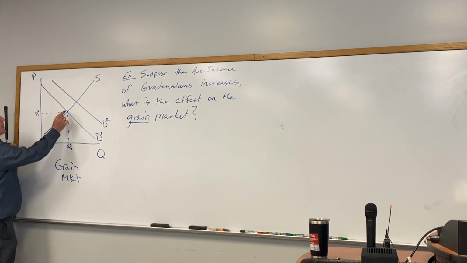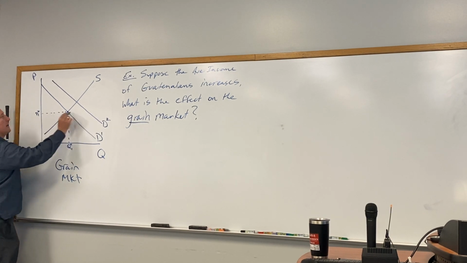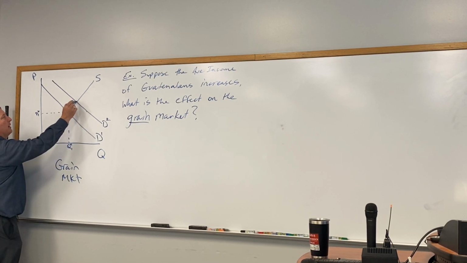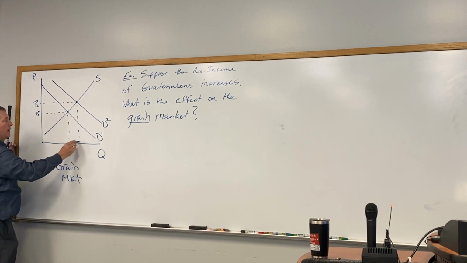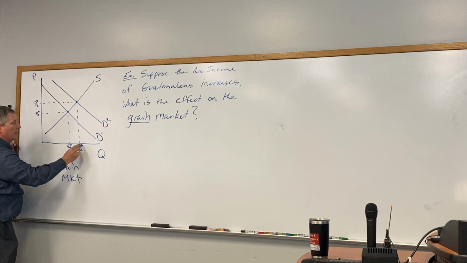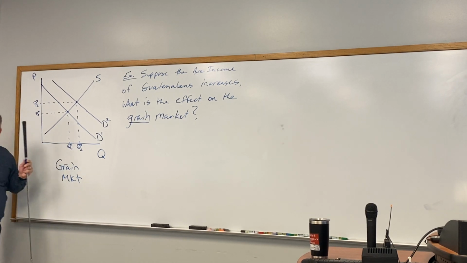at the old price, we have a disequilibrium now. So at the old price of grain, there's an excess demand, which is going to drive prices up to the new equilibrium. Prices are going to climb to P2, and grain production and consumption is going to rise.